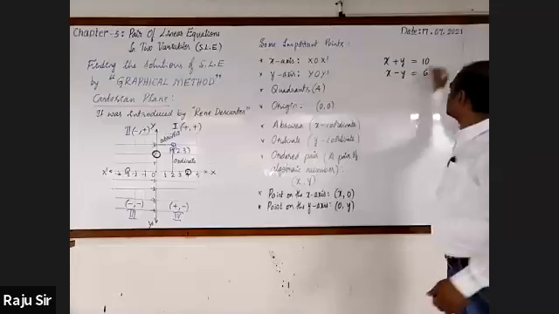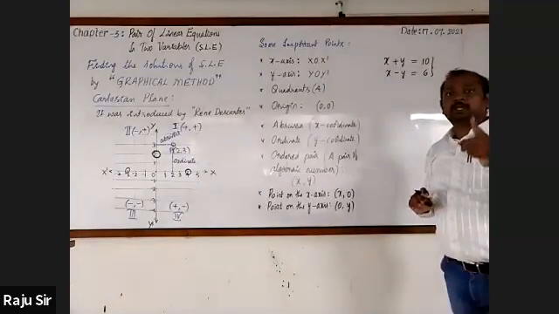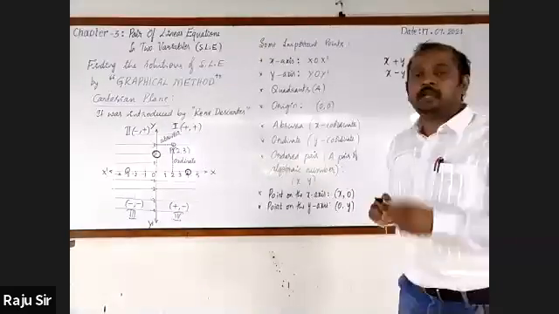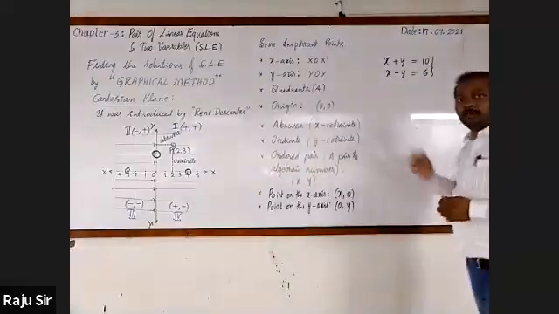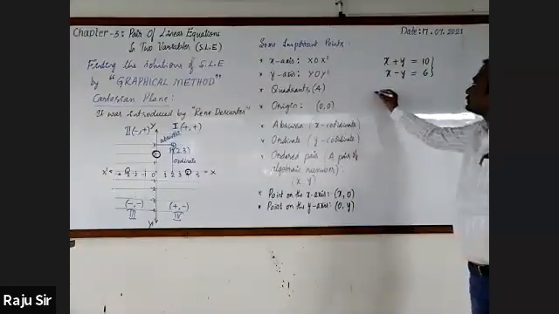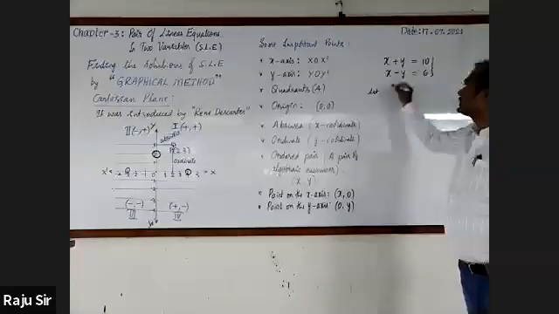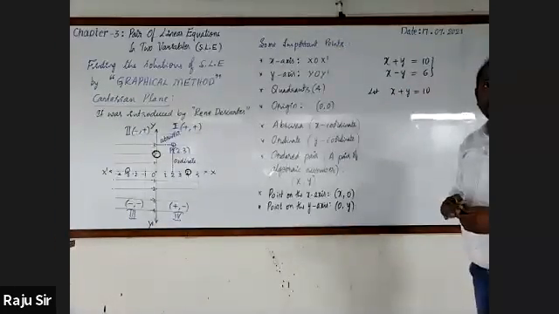When the equations are given like this, you take the equations one by one, and for each equation you find the coordinates. Let me tell you how. I'll take the first equation, x plus y is equal to 10.